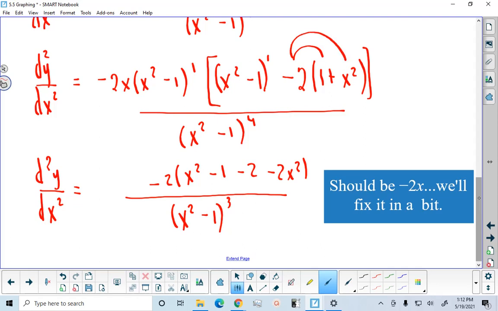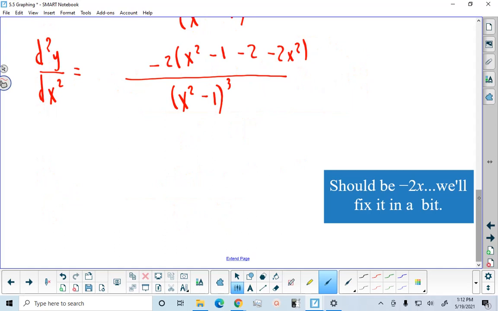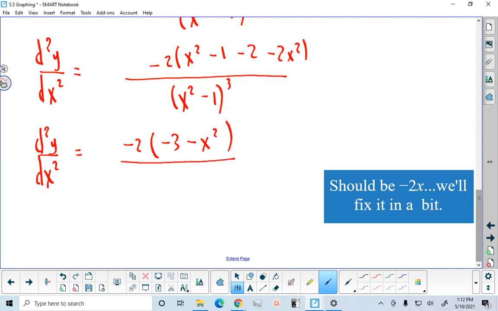Multiply this through, I get negative 2x squared. I end up with a negative 2, then I have negative 3 for the constants minus x squared, and it's over x squared minus 1 quantity cubed.